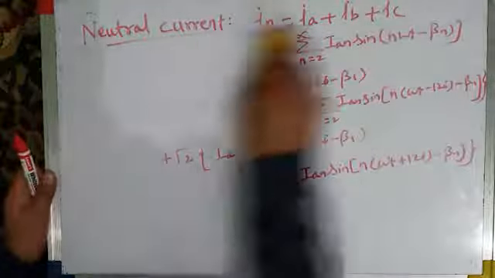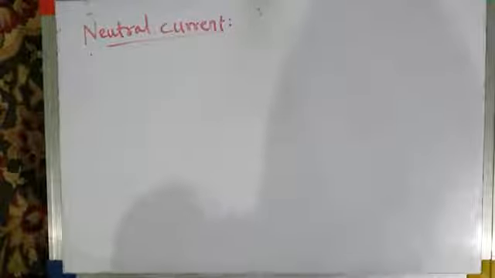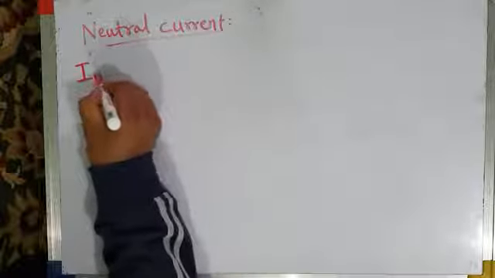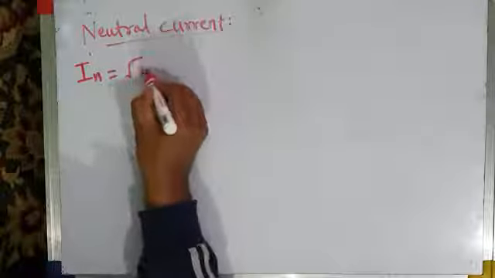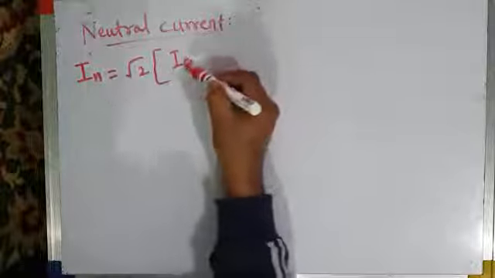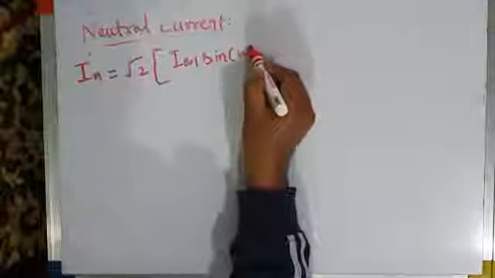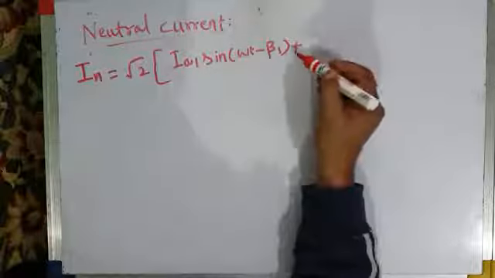Now I can write this neutral current as IN is equal to, if I take root 2 outside, what I get inside is IA. I will take the fundamental component of IA, IA1 sine of omega t minus beta 1, plus it will have second and higher harmonics.